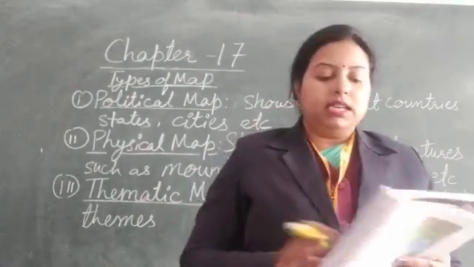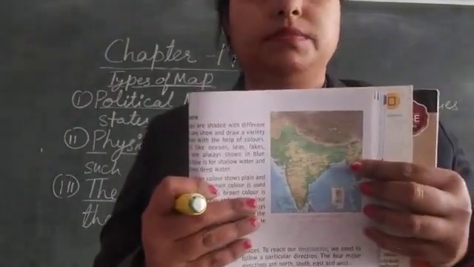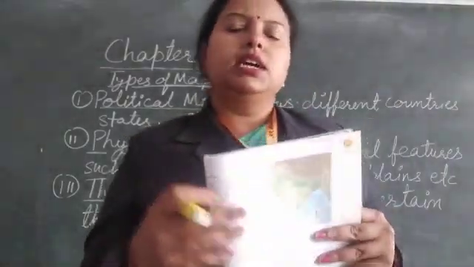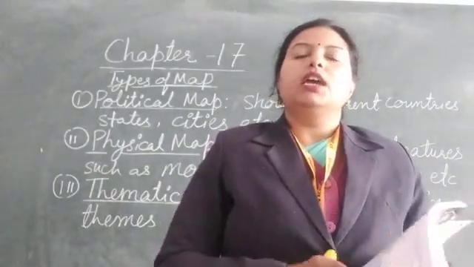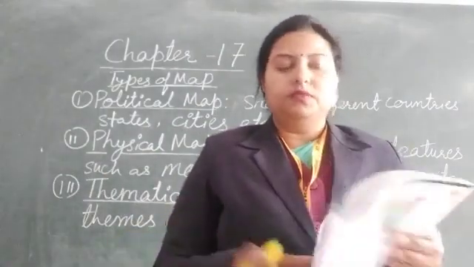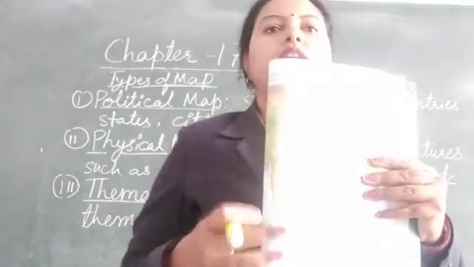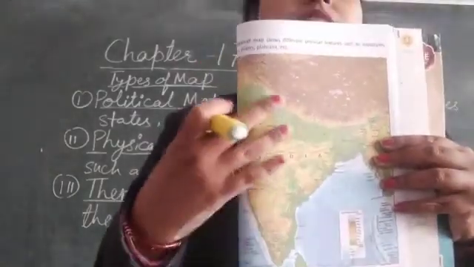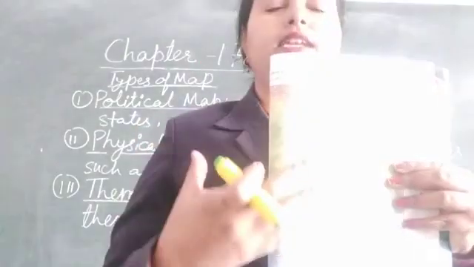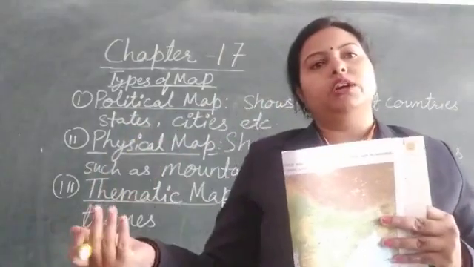Now let us see the meaning of these different colors which you have seen in the map. What does it mean? Students, in a map, blue color, and some blue color you can see inside the map of India also, shows the water bodies.